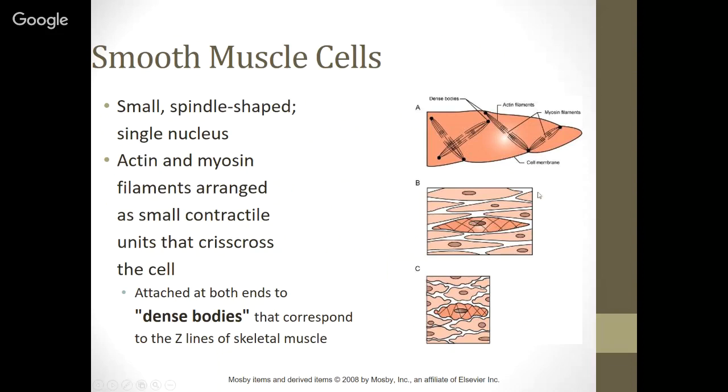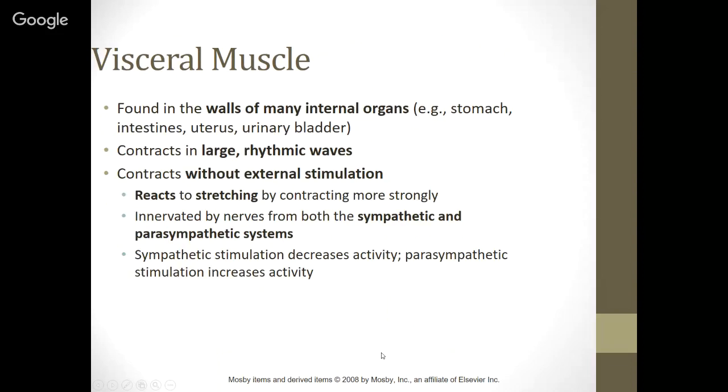So see how it changes the shape of the cell to make it smaller. Visceral muscle is found in the walls of many internal organs: stomach, intestines, uterus, and urinary bladder, and it contracts in large rhythmic waves. It contracts without external stimulation because it reacts to stretching by contracting more strongly. So if it stretches, it's going to contract even more strongly because as things get bigger, we need more of an effort to remove things from that organ.